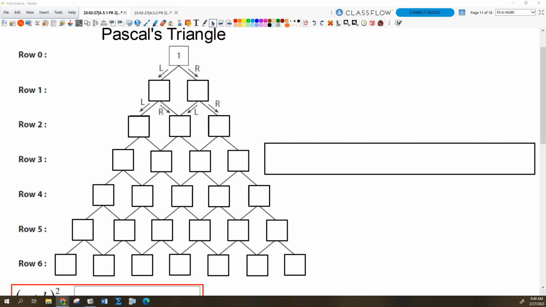The ones on the edges of the triangle, though, are only fed by one number from above, and it's always going to be a 1, isn't it? So what's that number there going to be? It's going to be 1, right? Everybody see that? Because the only number above it is that 1 right there.